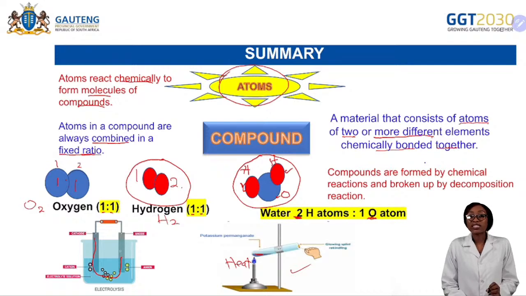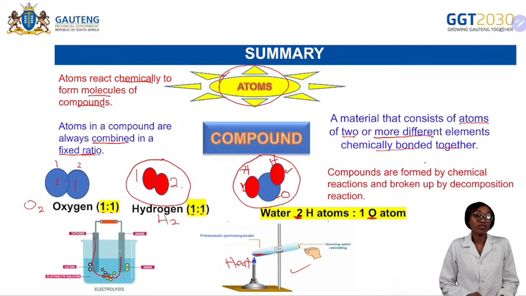We placed it directly under the test tube. As the reaction was going on, we could hear a popping sound. That was the chemical reaction taking place. That was the potassium permanganate being broken down using heat.